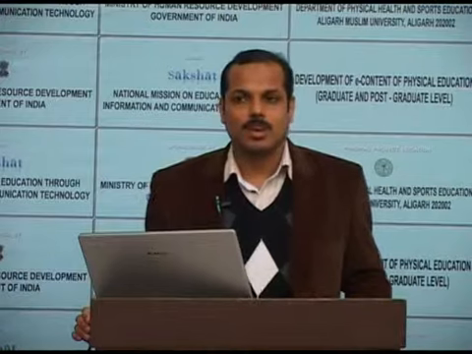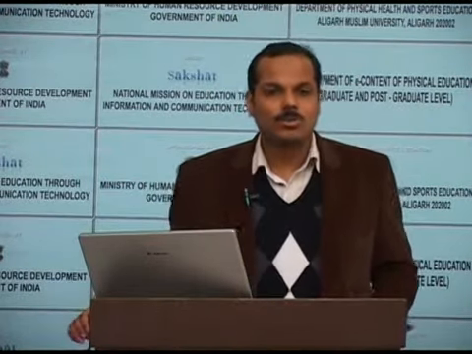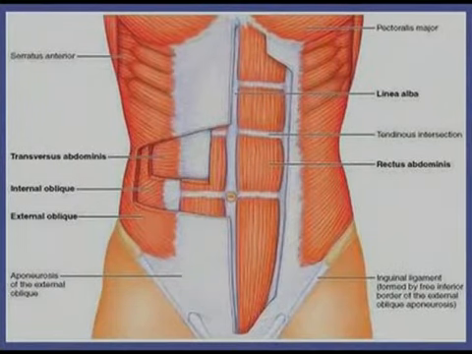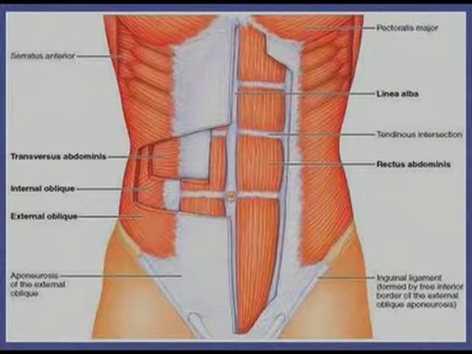The movements done by the abdominal muscles are flexion in the lumbar region, lateral flexion, and rotation. They give support to the trunk, protect the inner organs, and assist in the breathing process.